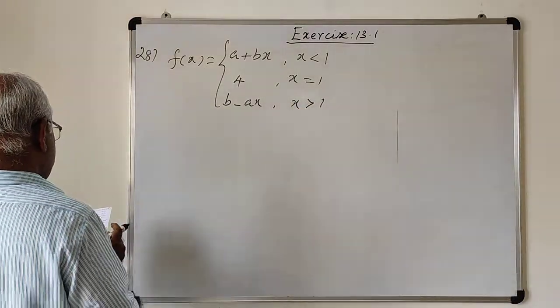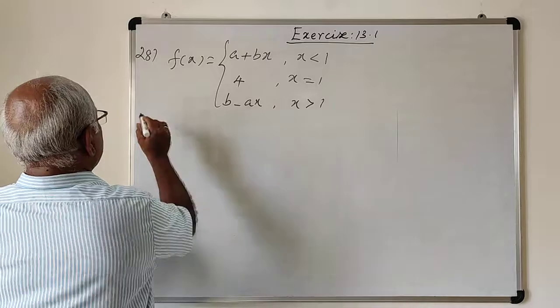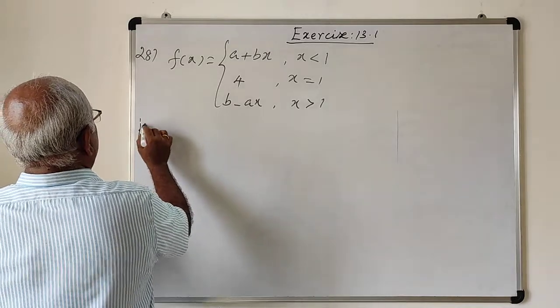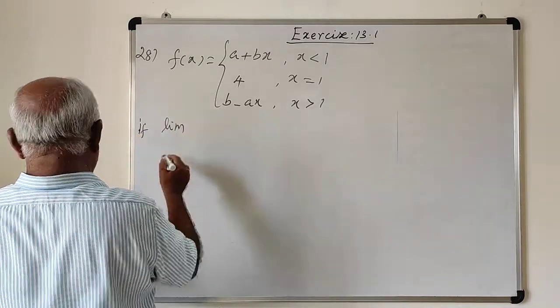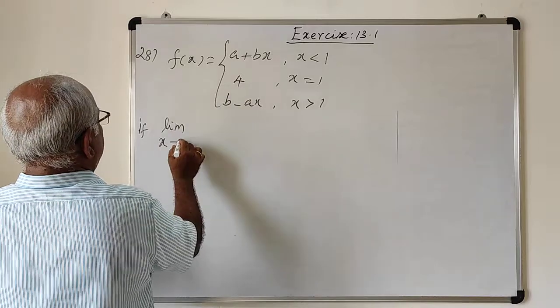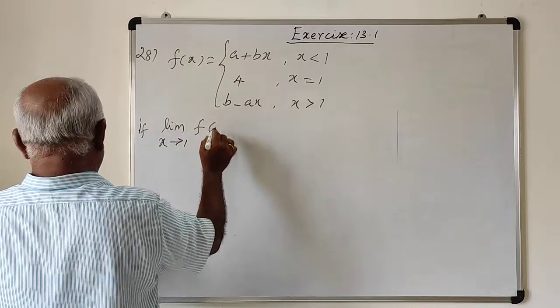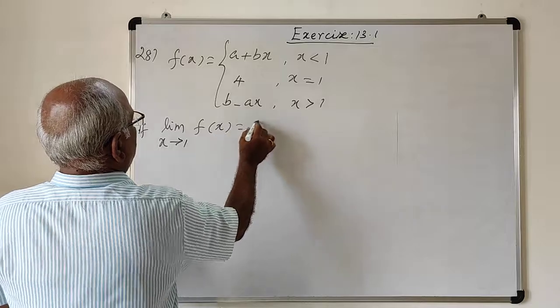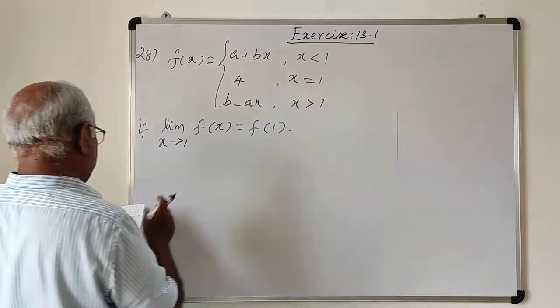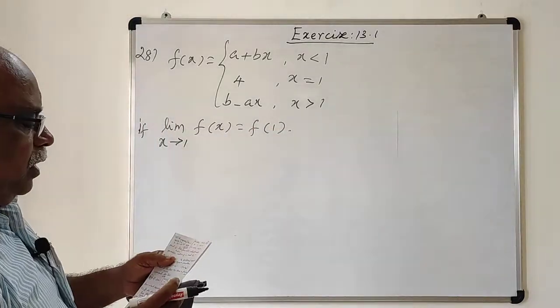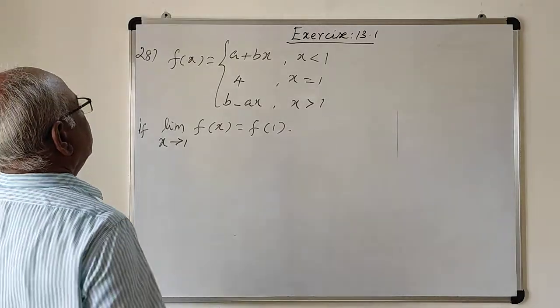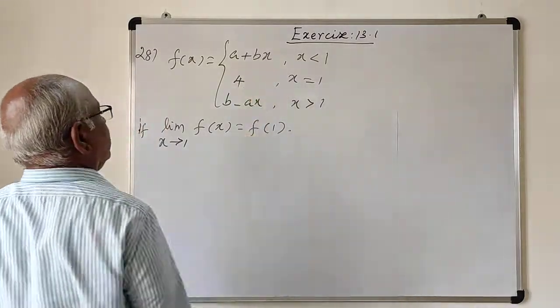And also, it is given that limit x tends to 1 f of x equal to f of 1. What are the possible values of a and b? You have to find out the values of a and b.